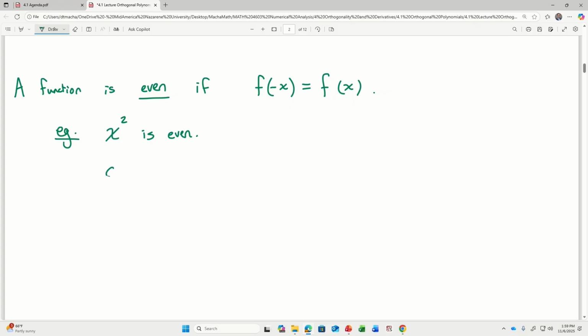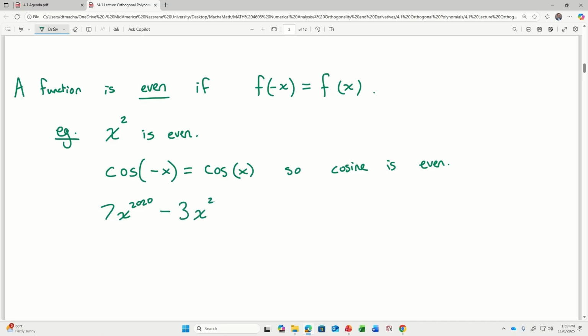I don't know if you realize this, but cosine is an even function. Anytime I have any old polynomial that has only even powers of x, then the polynomial is an even function.